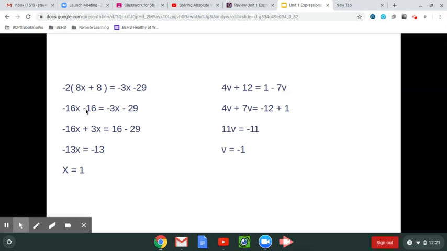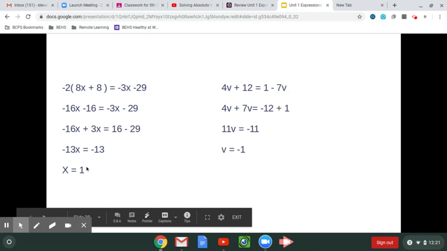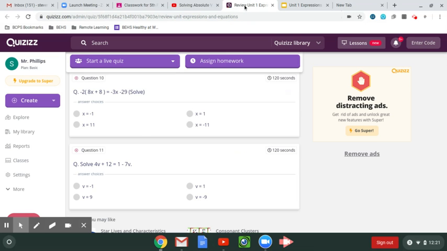Then you move your constant from the left to the right, and it goes from being negative 16 to positive 16. Now you combine like terms on both sides, and then you divide. Negative 13 divided by negative 13 is positive 1. So if I'm looking here, there's my positive 1 for that answer.